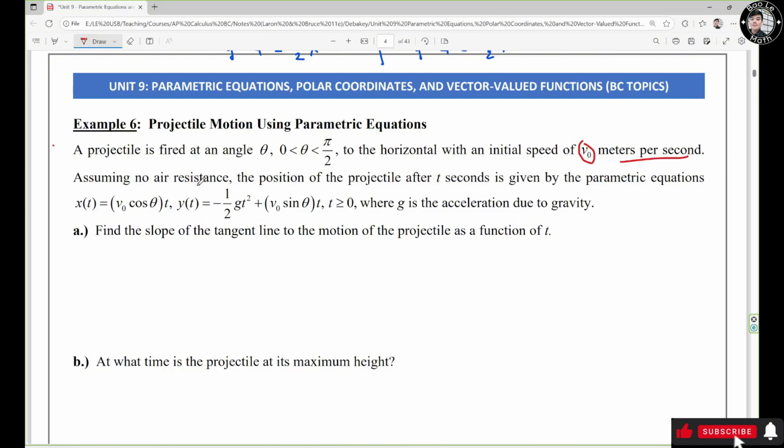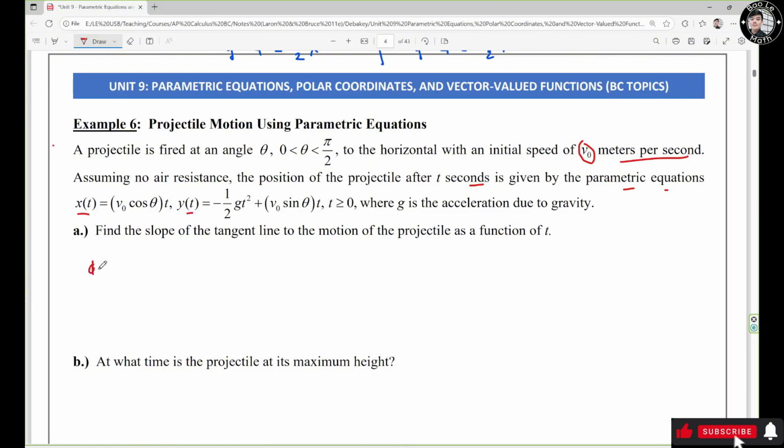Assuming no air resistance, the position of the projectile after t seconds is given by the parametric equations. s of t equals v0 cosine theta times t. y of t equals -1/2 g t squared plus v0 sine theta t for t greater than or equal to 0, where g is the acceleration due to gravity. Find the slope of the tangent line to the motion of the projectile as a function of t.